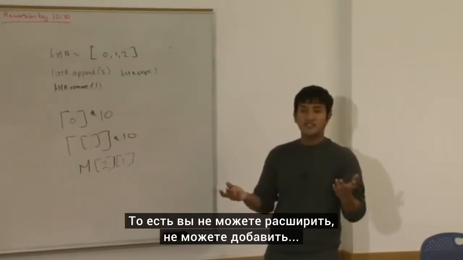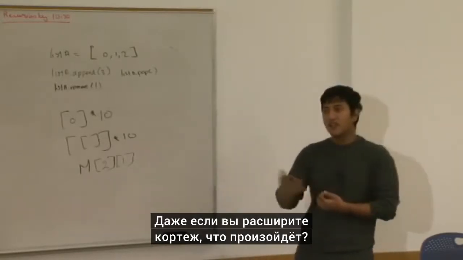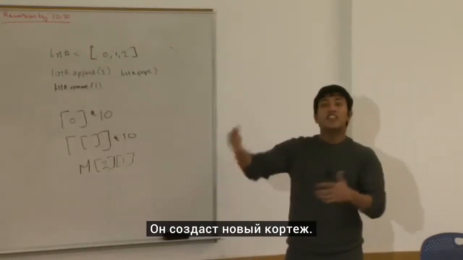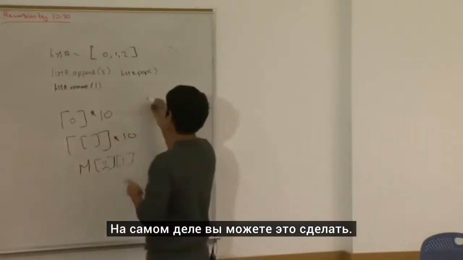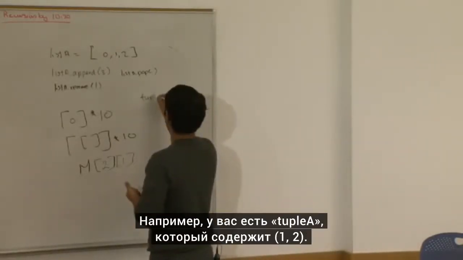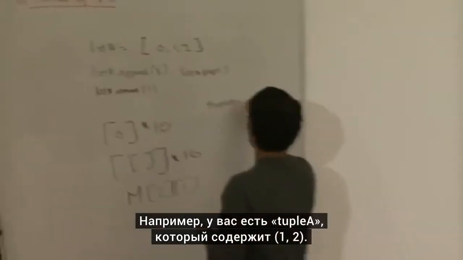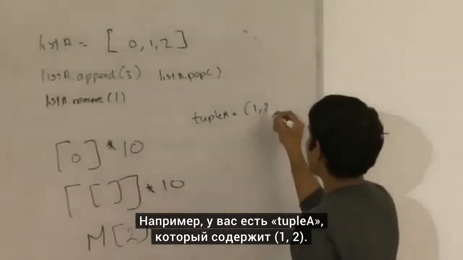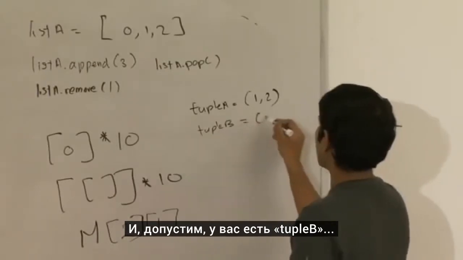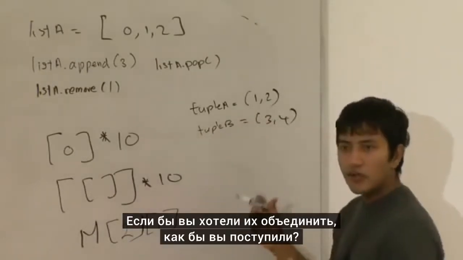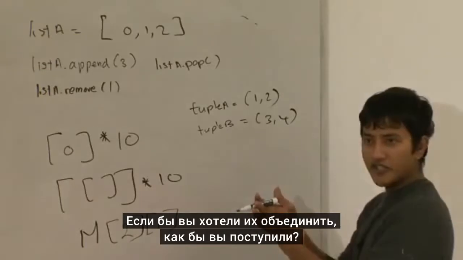They are immutable, so you can't extend, you can't append. So when you extend, what will happen? It's going to create a new tuple. Actually, you can do that, but like this. For example, you have tuple A, which is 1, 2, and suppose you have tuple B, 3, 4. If you want to combine them, how would you do it?